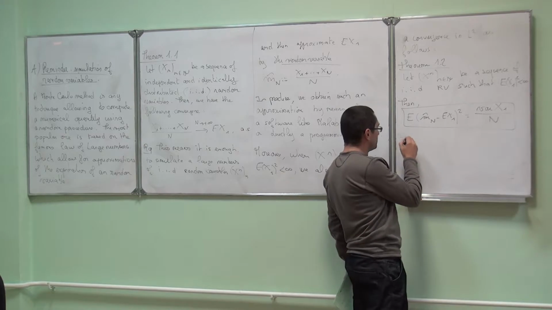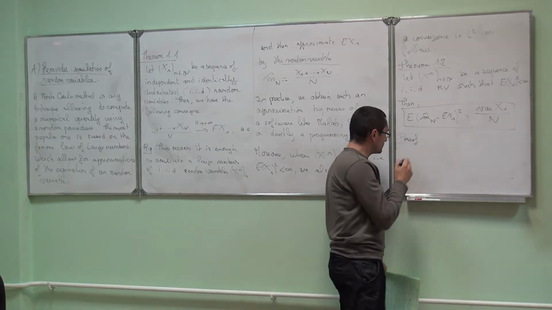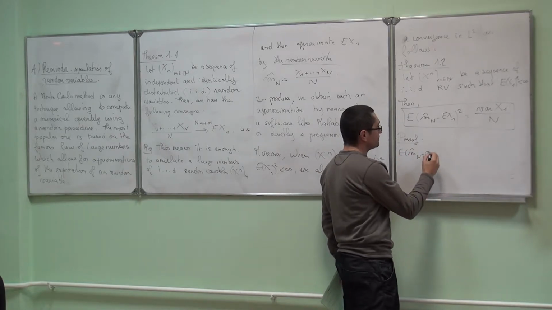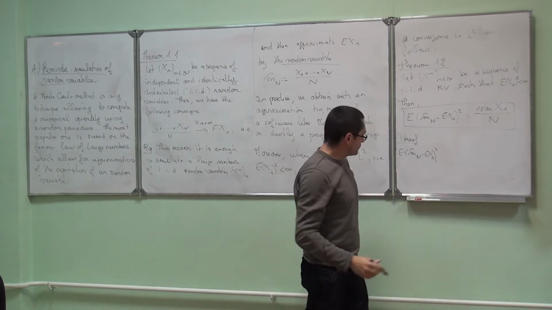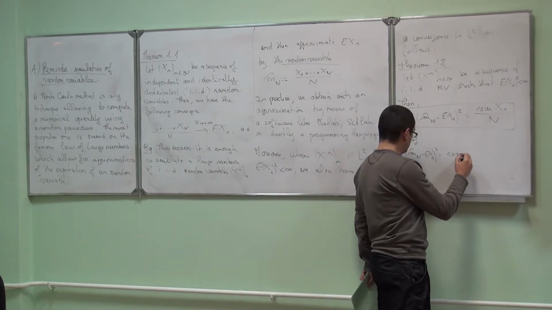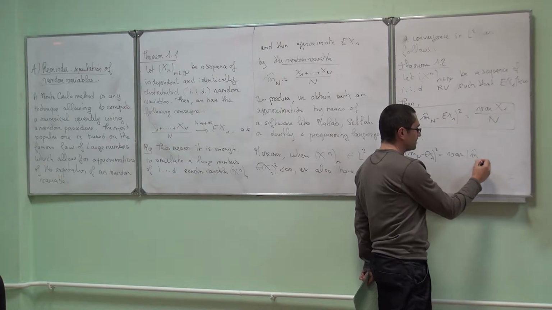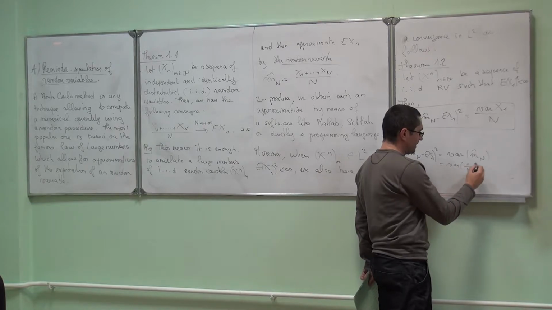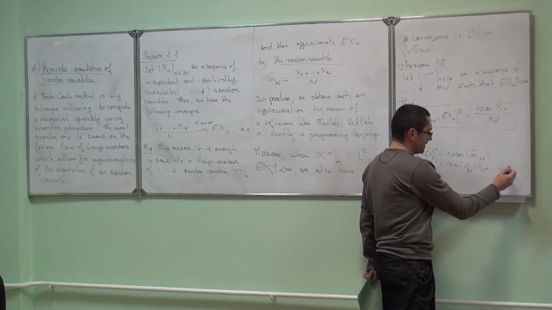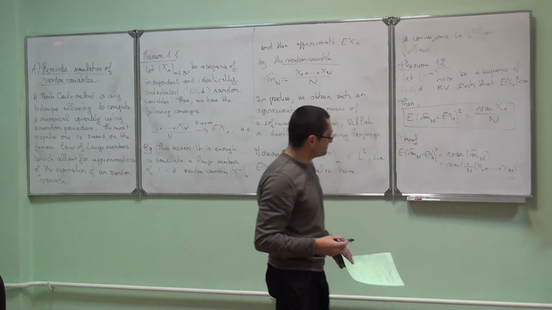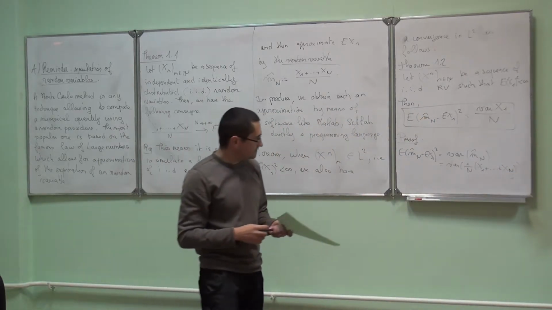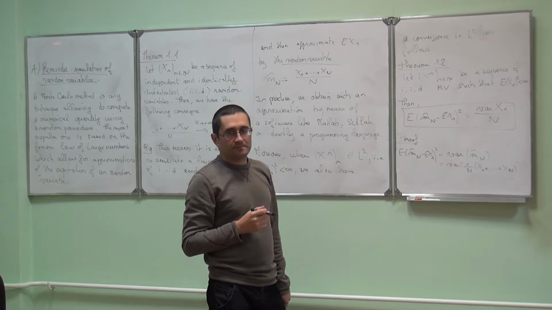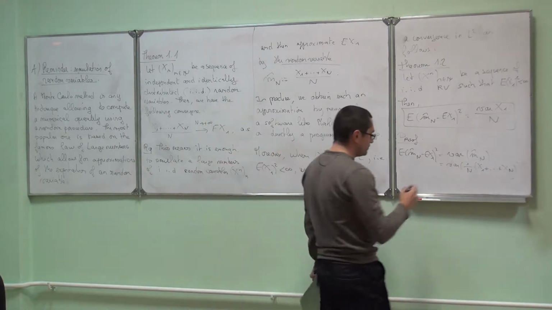The proof is very simple. Just observe that the expectation of (M hat N minus the expectation of X_1) squared is actually the variance of M hat N, that is, the variance of 1 over N times (X_1 + ... + X_N).